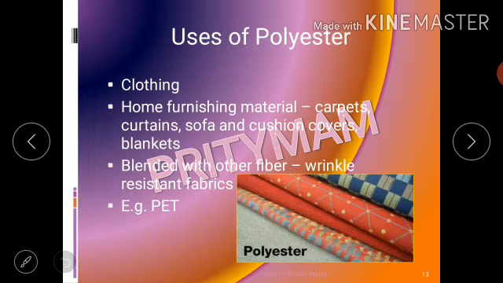Let's discuss the uses of polyester. Polyester is used to make clothing, home furnishing materials like carpets, curtains, sofa and cushion covers, blankets, and so on. Polyester is blended with other fibers to make wrinkle resistant fibers. And PET is a form of polyester.